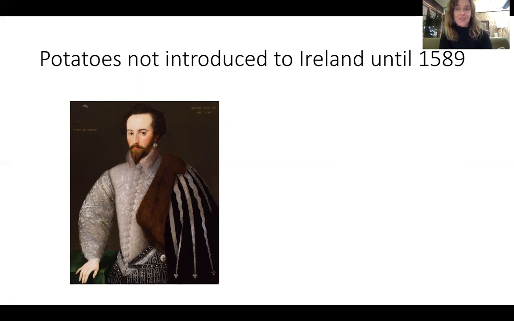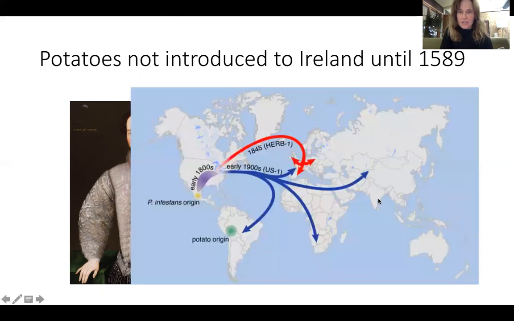So in 200 years, potatoes became the only crop in Ireland, which seems hard to understand how that could happen. So potatoes came from South America, right down here near Peru.